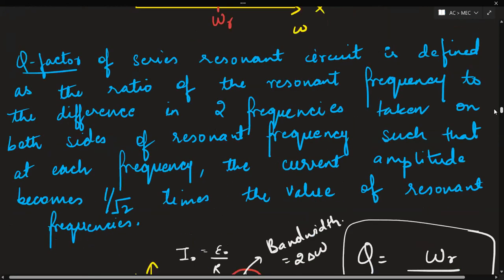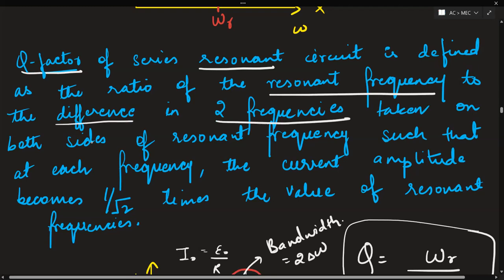Q factor is what? Firstly, it's valid only for resonance condition, because without resonance, you will not have the value of angular frequency as 1 by under root LC. So it's valid only for the resonance circuit. So Q factor of series resonance circuit is defined as the ratio of the resonant frequency to the difference in the two frequencies.